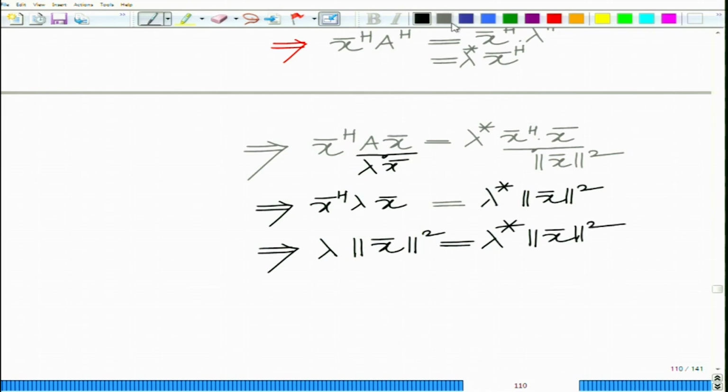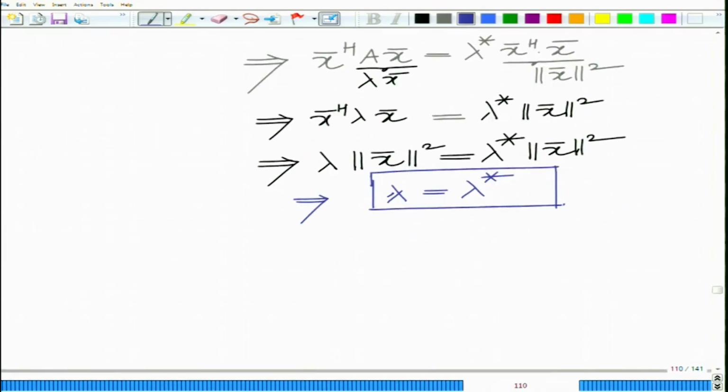And from the left hand side and right hand side, since norm x bar square is not equal to 0, this implies lambda equals lambda conjugate, which basically leads us to the conclusion that lambda, an eigenvalue of a Hermitian symmetric matrix, is a real quantity.